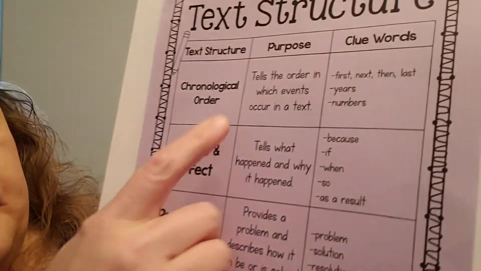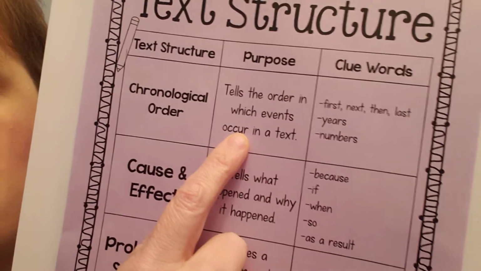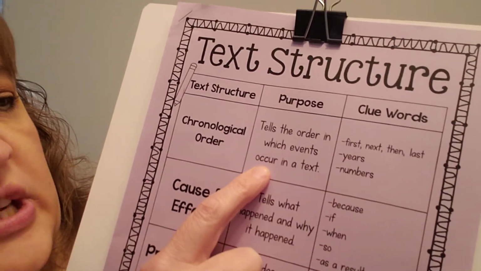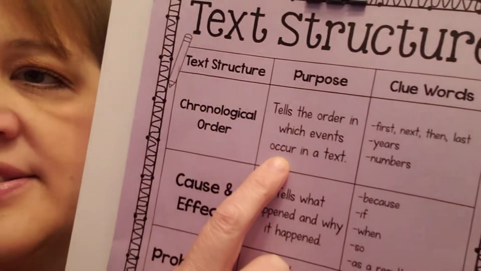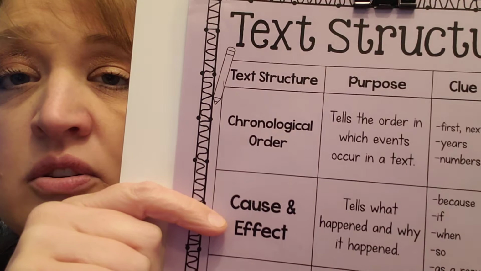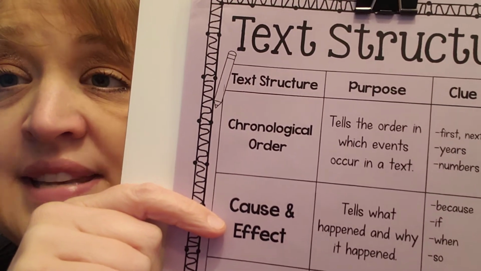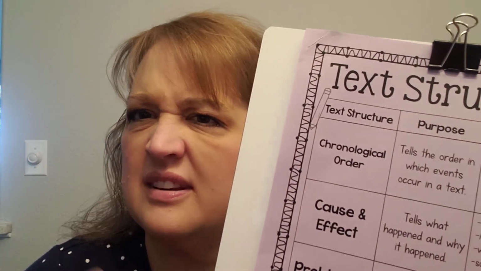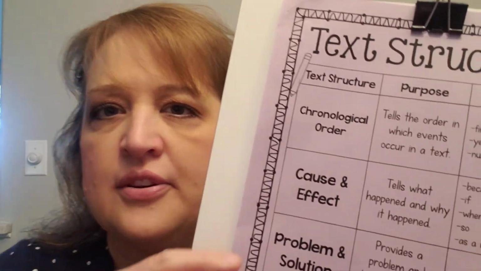Now, the purpose of writing with chronological order is it tells the order in which events occur in a text. This makes it easy for the reader to understand what's happening. If the writer is jumping from time to time and back and forth, it's hard for the reader to get in their mind what happened first, second, third.